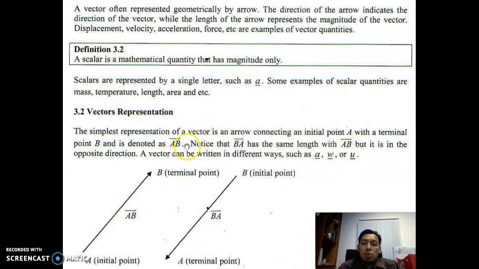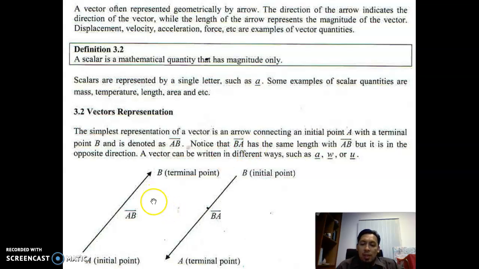The other way is to represent it directly by showing the two points that you have in the vector. In this case, the points are A and B. The arrangement matters. When you write AB, it means that the direction is from A to B. If you write BA, the direction changes, right?